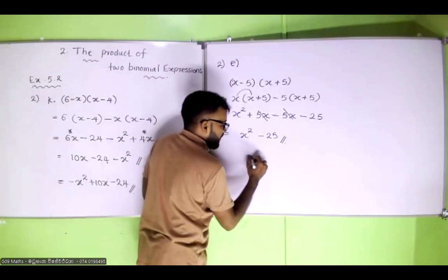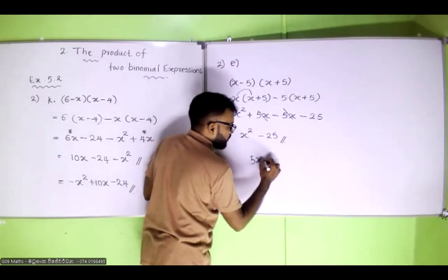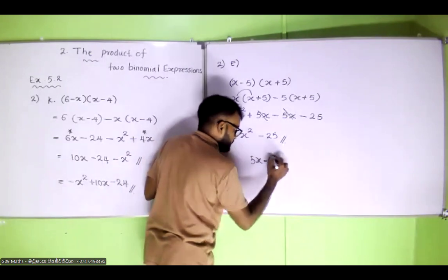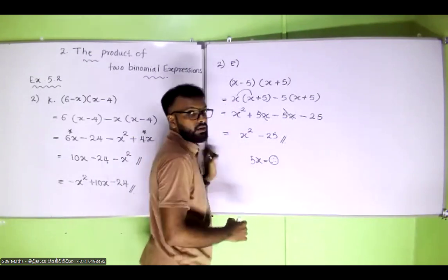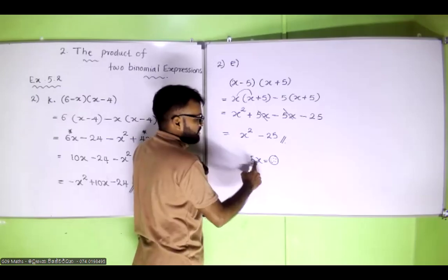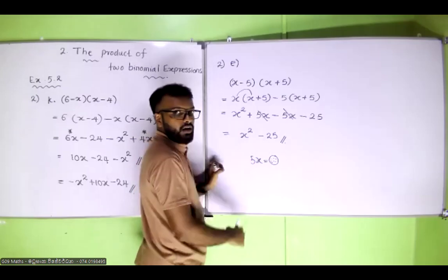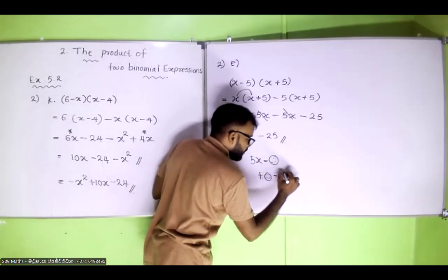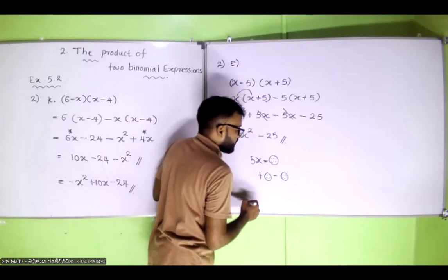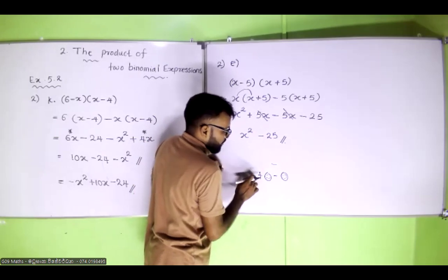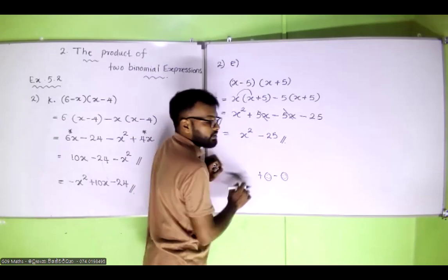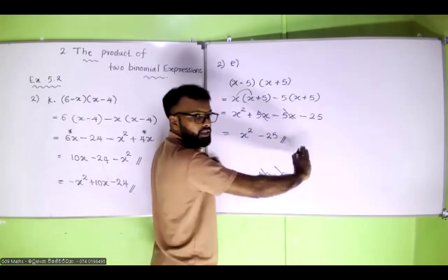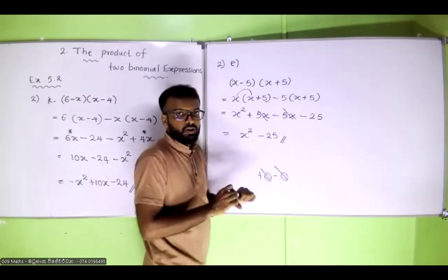Now if you think of 5x as, let's say, a whole thing, this is positive 5x and negative 5x. Positive 5x, negative 5x: cancel out. The whole term will be cancelled out.